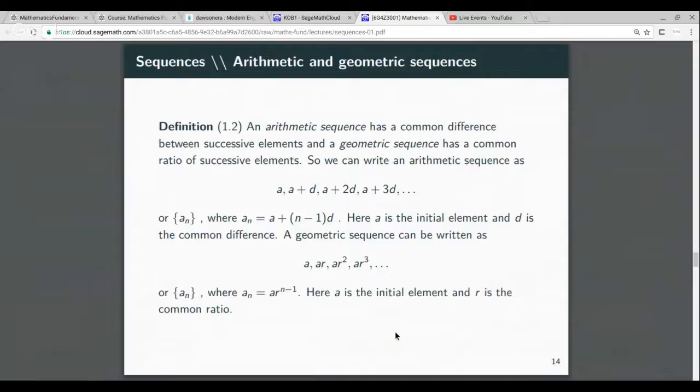The fourth term will be AR cubed, etc. If the sequence has that structure, it's called a geometric sequence. So arithmetic sequences proceed by fixed additions each time. Geometric sequences proceed by fixed multiplications each time.